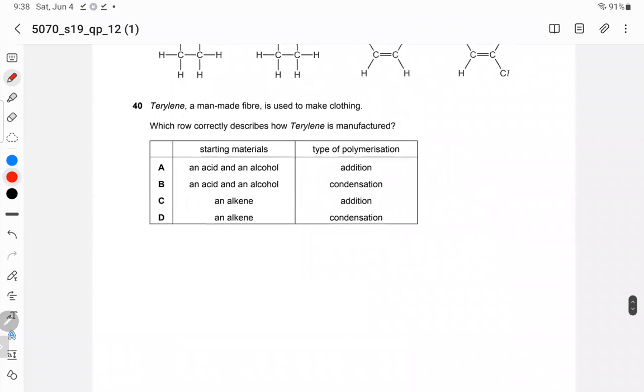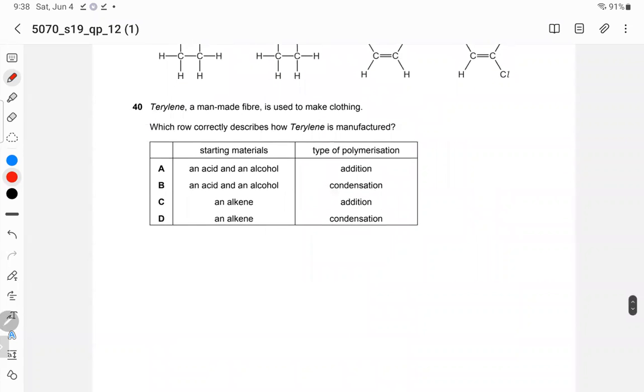Okay, now question number 40. B. Let me check. Terylene, a man-made fiber, is used to make clothes. So if you recall, terylene is a polyester. We have to correctly describe how terylene is manufactured. And if it's a polyester, it can be made from an alcohol and an acid.